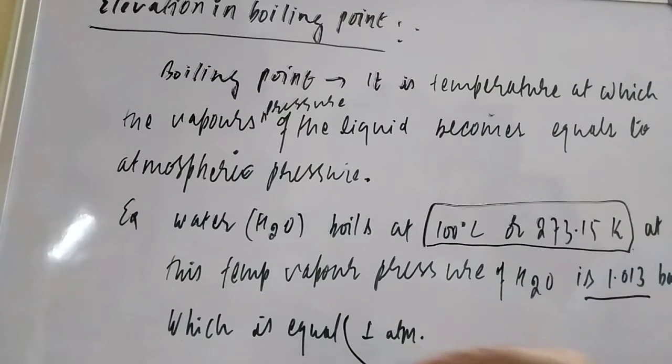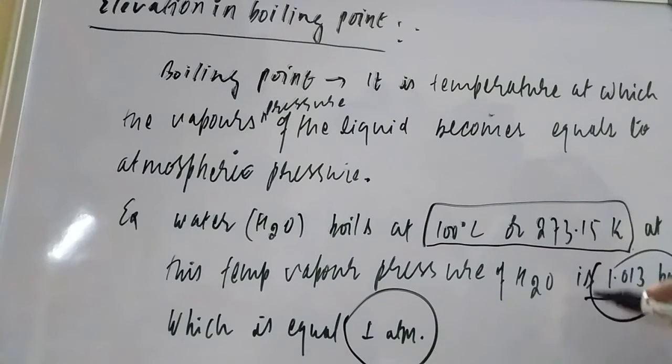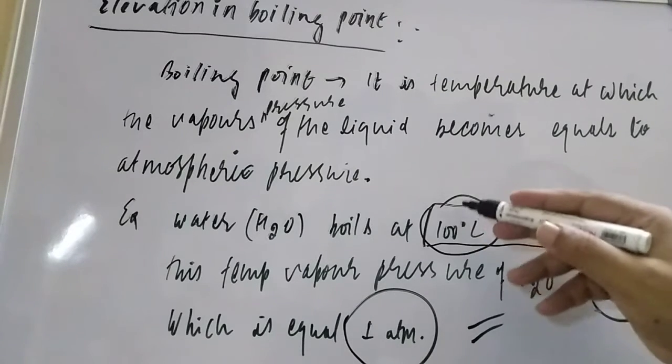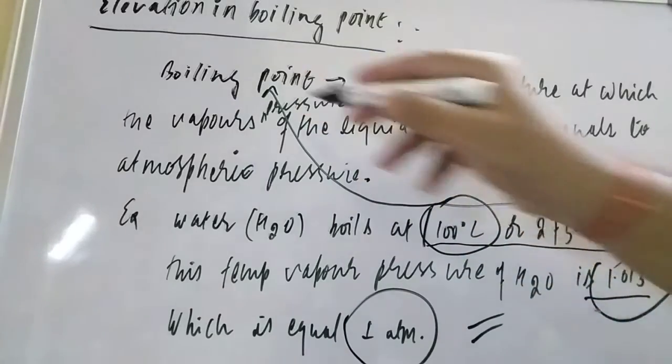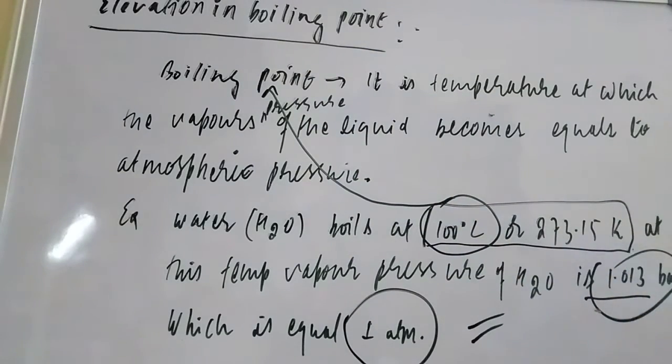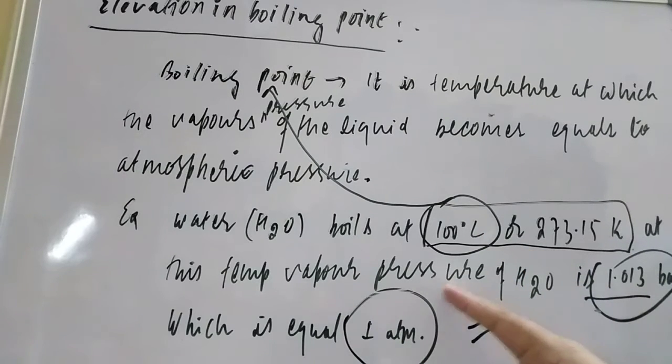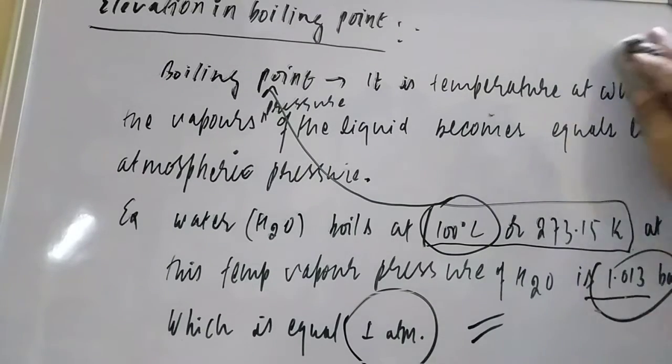The vapor pressure and atmospheric pressure become equal at 100 degrees Celsius, and this is the boiling point. So boiling point is the temperature at which the vapor pressure becomes equal to atmospheric pressure. Now try to understand the concept behind this.